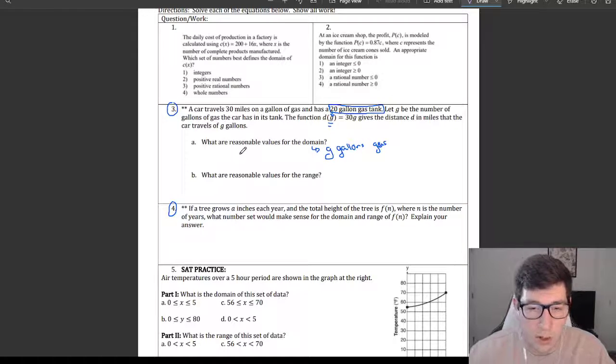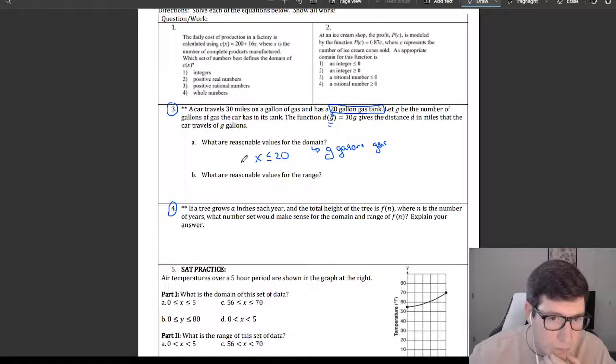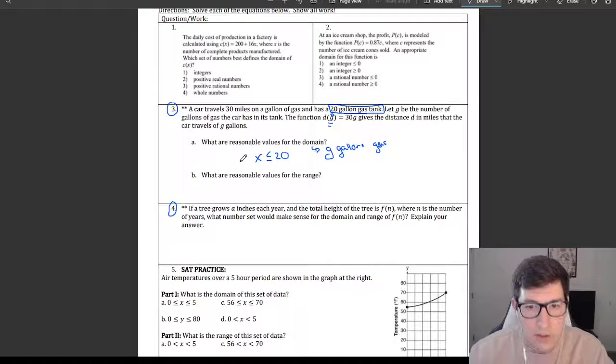And likewise, on the other end, so we're going to start here. We know that's going to be, if we have our x here, 20 is going to be our cap, right? We can't go over 20. So x has to be less than or equal to 20. But on our other end over here, hopefully it makes sense that just like we saw in our do now, we can't have negative gallons of gas. That just doesn't make sense here.